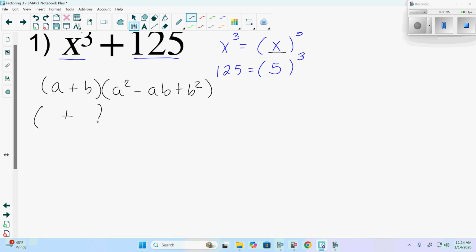So if we look at this here, every place where there's an a, I'm going to replace it with x. So in the first set of parentheses, that a plus b, a is going to become x. Our a squared is going to become x squared. The a in a times b is going to be x.